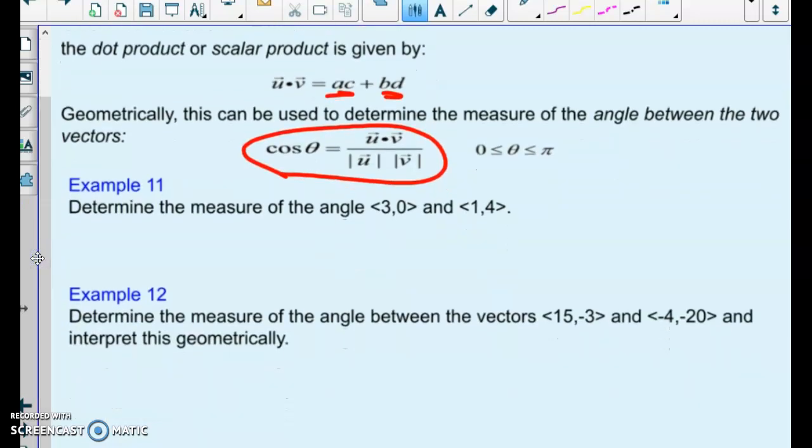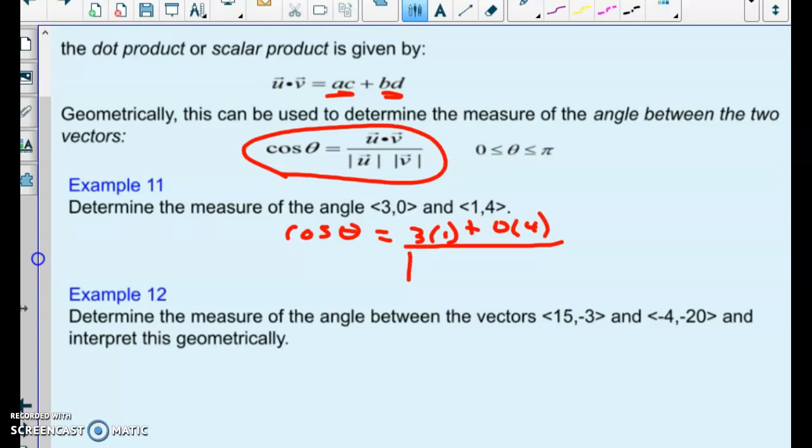Determine the measure of the angle between these two. So what I'm going to do is plug in cosine of theta equals the dot product of the two, which gives me 3 times 1 plus 0 times 4, all over the magnitude of each of them.